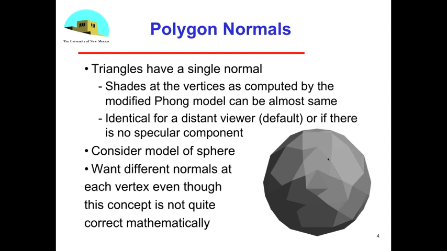So every time, assuming I want a unit sphere, because I can always scale that up, every time I subdivide a face into 4 smaller triangles, I push those triangles out to the unit sphere by simply normalizing those new locations. And then I can repeat that subdivision step as much as I like. So that's the model we're going to use. It's a very good one for doing comparisons.